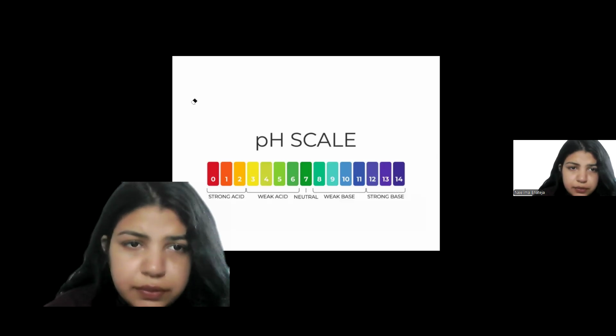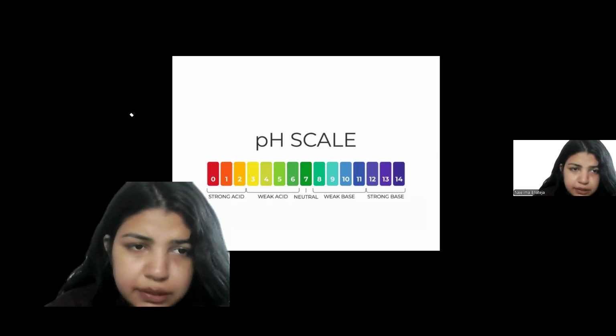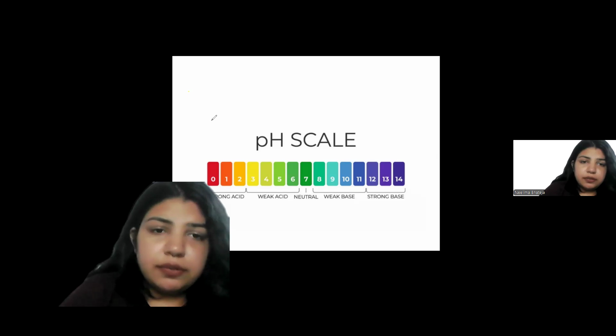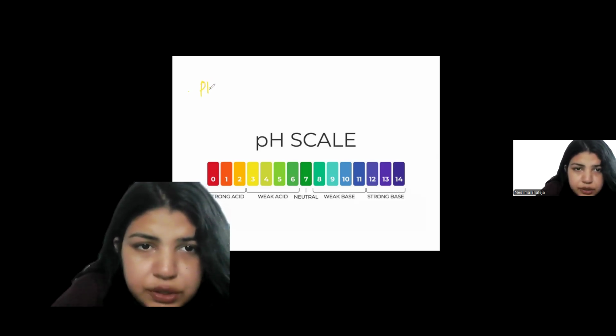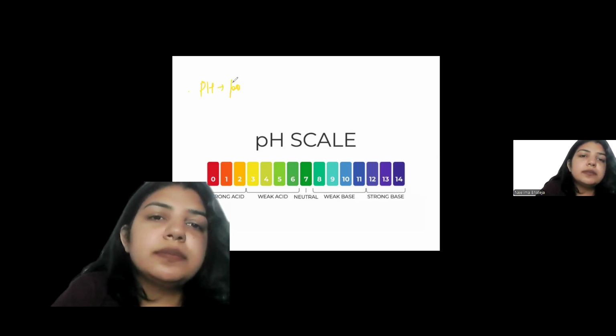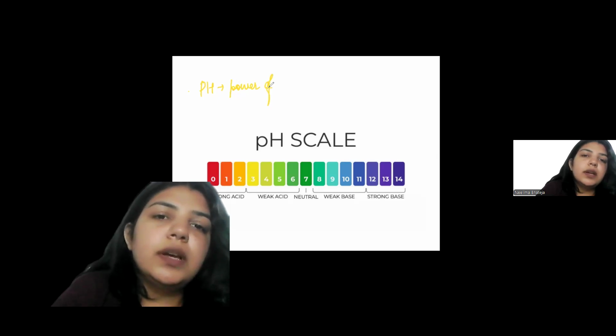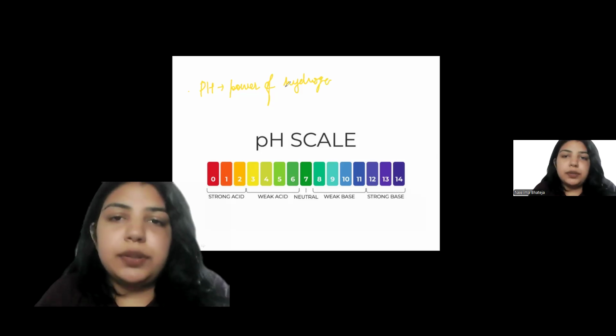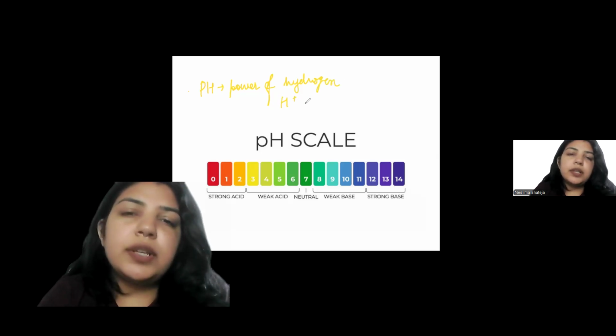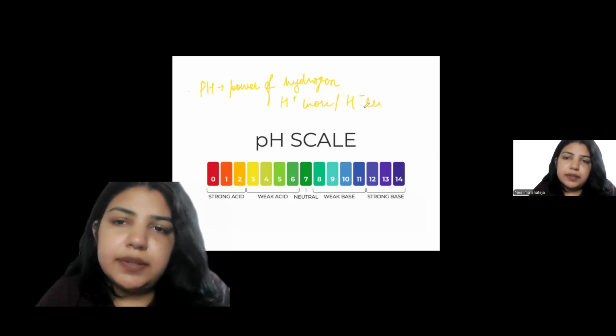First of all, we need to understand what pH is and what its full form is. pH means the power of hydrogen. It shows where hydrogen ions are more and where hydrogen ions are less.